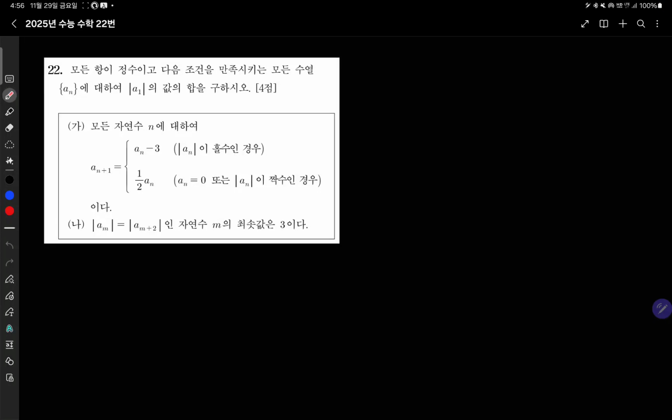Hello everyone. In this problem, there is a sequence in which all the terms are integers, and when the absolute value of the term is odd, subtract 3 from the term to get the next term.